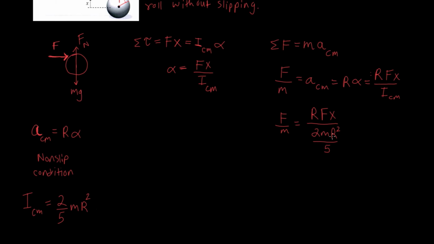And since we're dividing r times the force times x by the moment of inertia, since we're dividing by a fraction, we can flip this fraction in order to simplify this down further. So if we flip this fraction, we would get this, because anytime you want to divide by a fraction, you just flip that fraction.